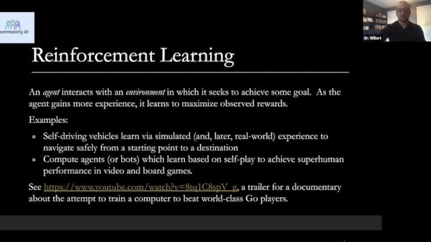So a good example of this might be a bot that learns to play chess. It can learn by playing against itself many thousands or millions of times, and based on a system of rewards, maybe we reward it for winning a game and penalize it for losing a game, it will develop strategies that allow it to achieve superhuman performance.